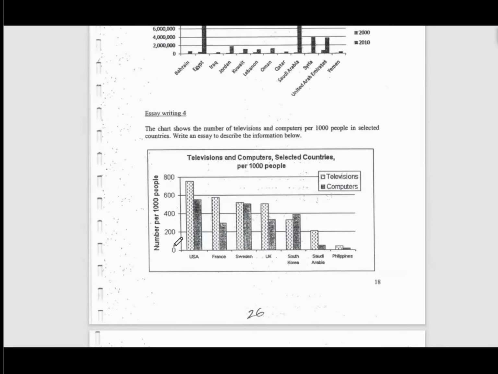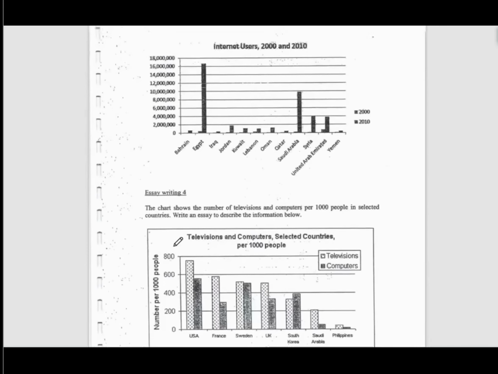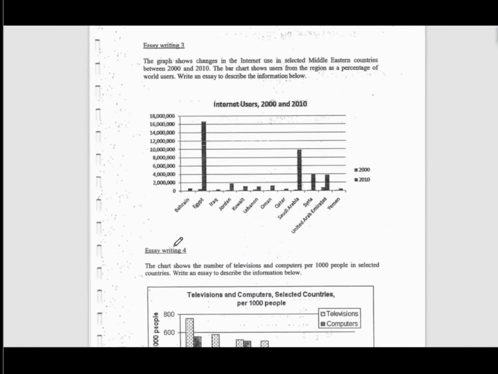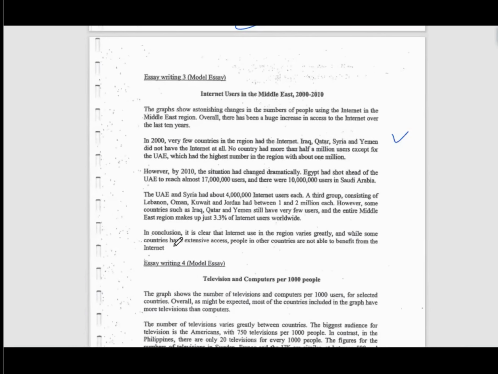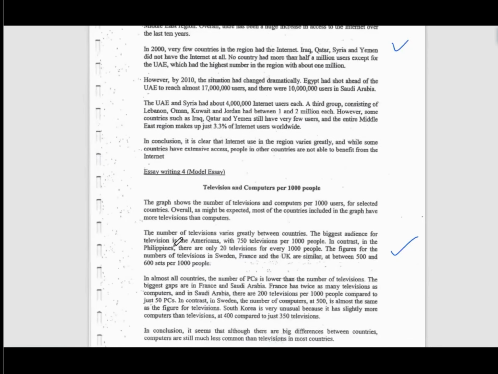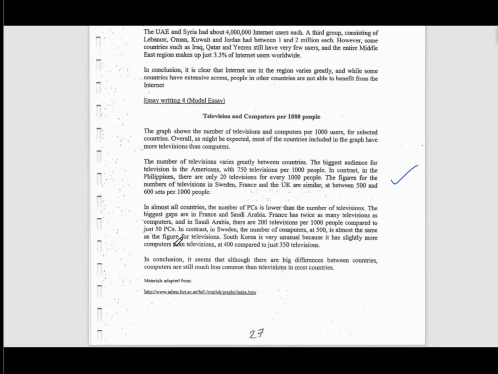In page 26, here are examples of bar graph questions, and in the next page, the answers. You can also have a look at them, the answers for the two questions.